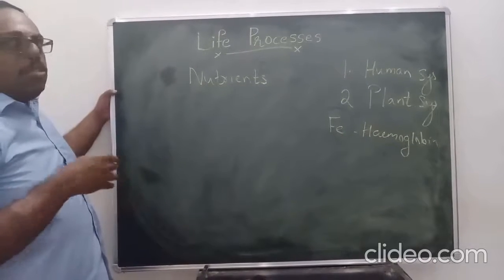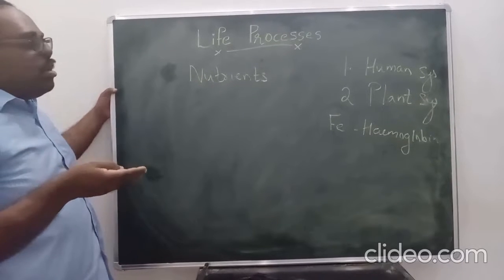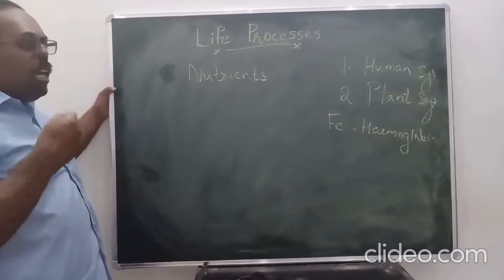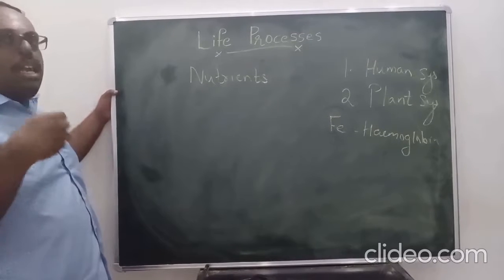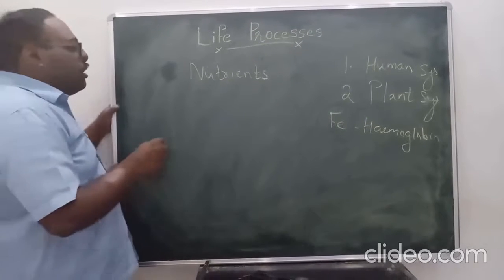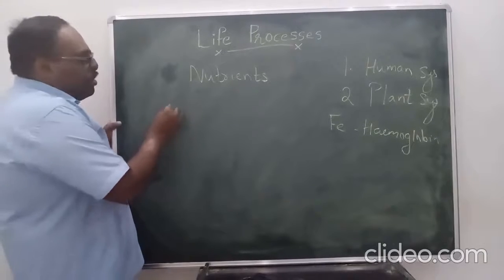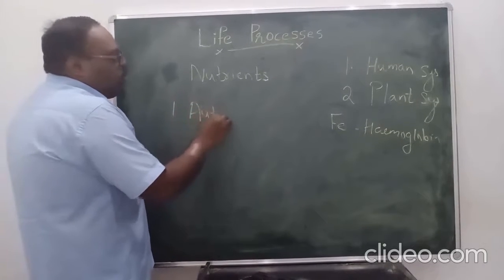Apart from that, you must understand the different types of intake of food, that is, how different organisms take food. There are 3 types. The first is known as autotrophs.